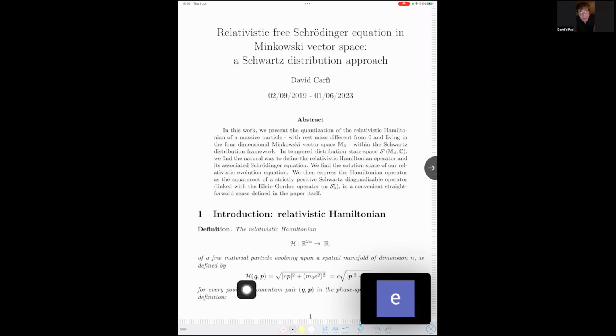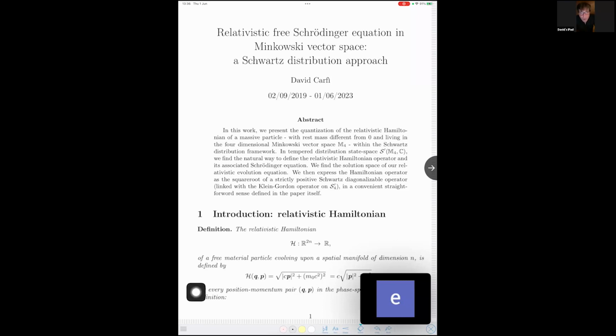As we know, Schrödinger tried to translate this function into operators, but he failed because Hilbert spaces cannot handle these functions.